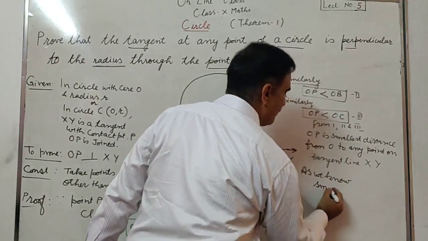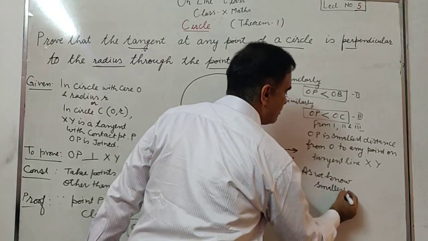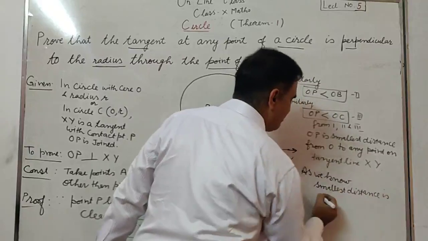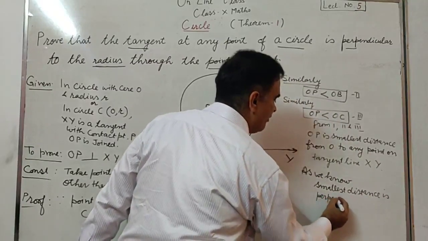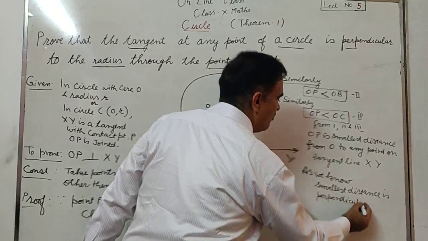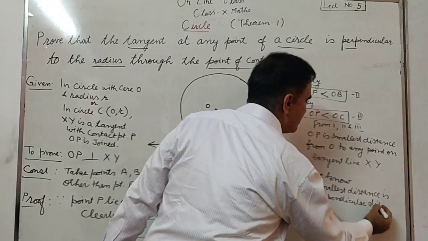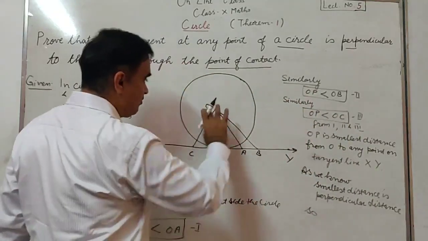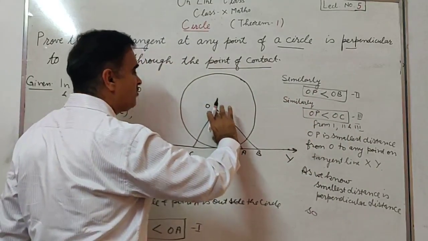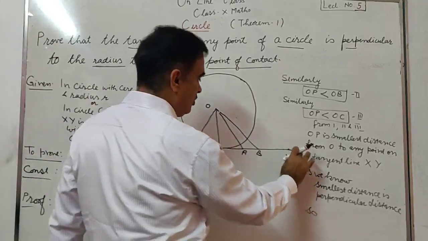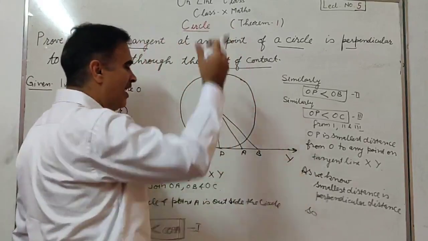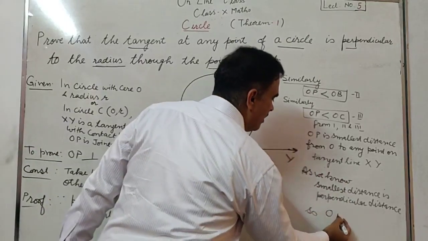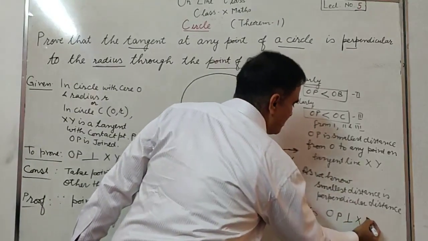Here OP is the smallest distance, and as we know, the smallest distance is the perpendicular distance. So this OP is the smallest distance from O to this line, and therefore OP is perpendicular to XY.